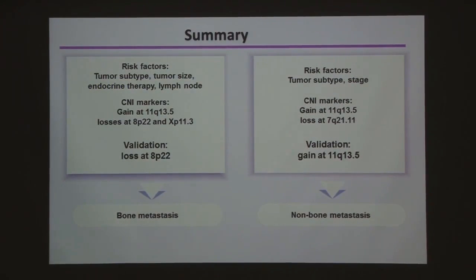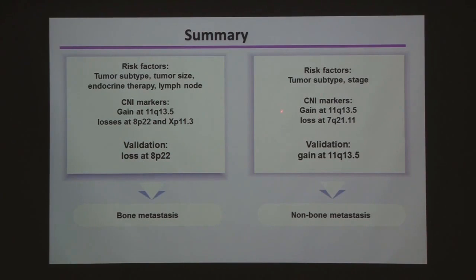So just to summarize, the risk factors that were important for bone metastasis were tumor subtype, tumor size, whether or not they had endocrine therapy, and lymph node status. And these were the copy number imbalances that were important. And we were able to validate this particular 8p22 loss.